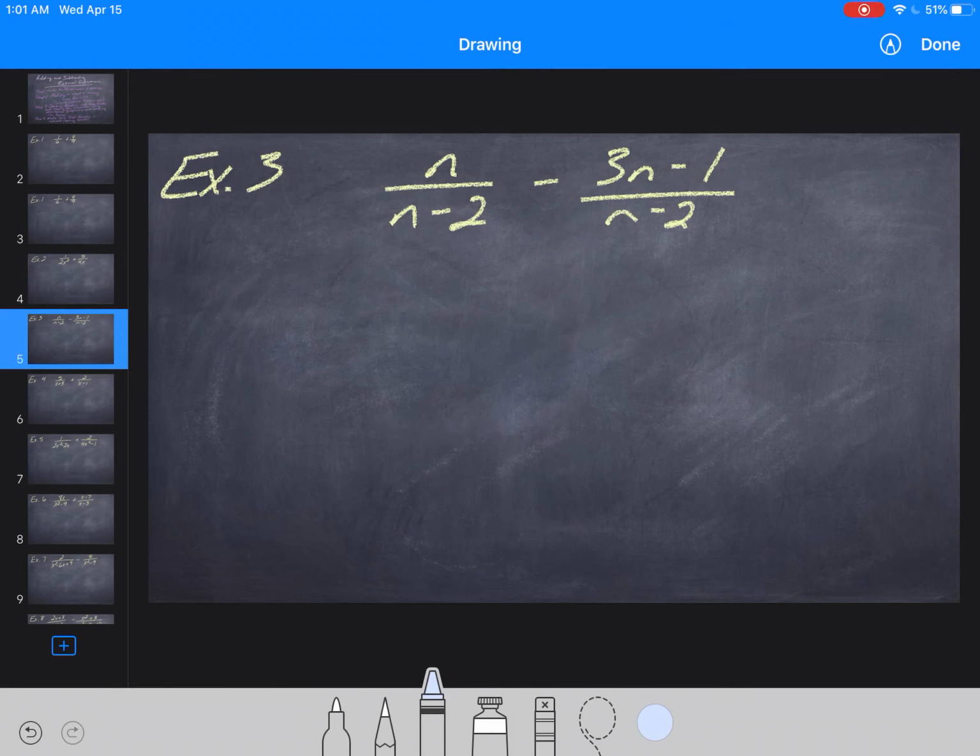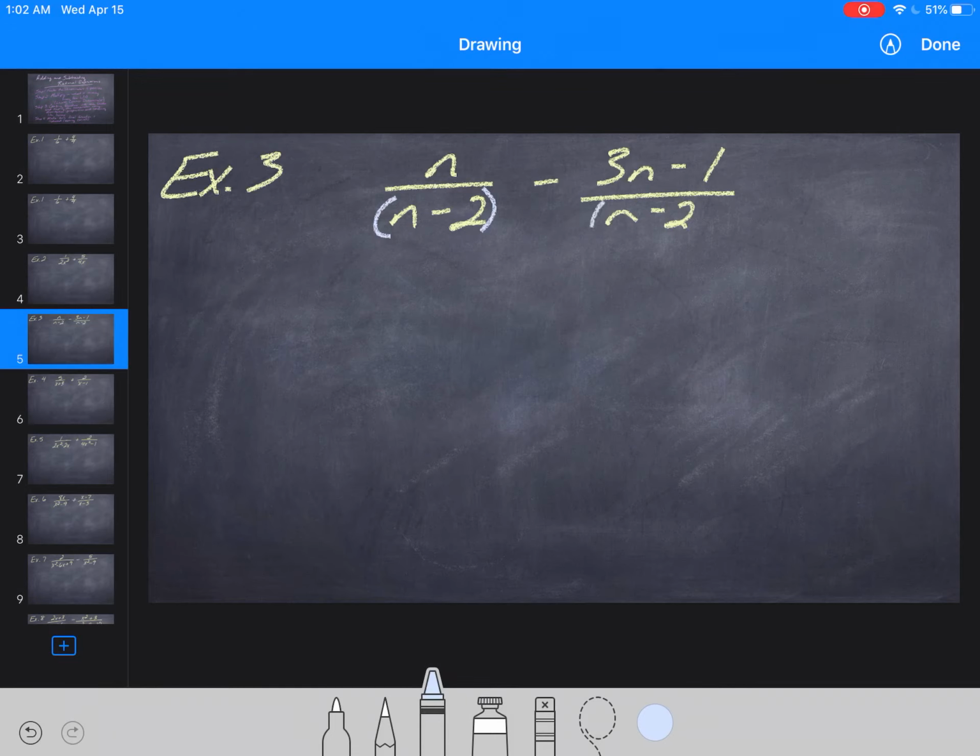Let's take a look at example 3. On example 3, we have n over n minus 2 minus 3n minus 1 all over n minus 2. So the first step that I'm going to do is I'm going to factor my denominators. Well, if I look at my first fraction, I can see that my denominator is n minus 2. This is unfactorable. It's already prime. It's a linear factor. So I'm going to leave it alone.